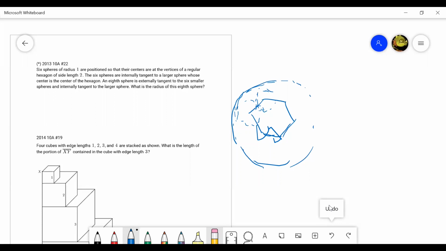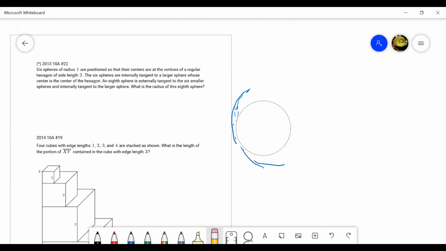The first thing you have to do is find the radius of the big circle, because other than the radius of the last sphere, it's the only thing we don't know in this diagram. So I'll just redraw this.